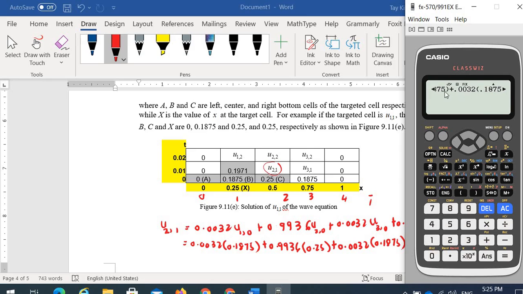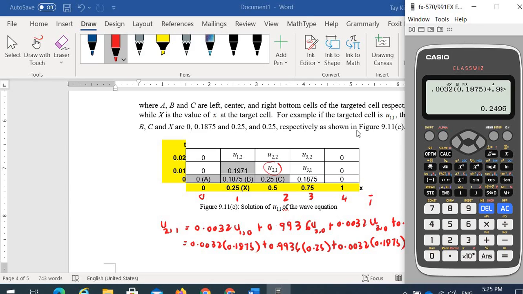Or if you don't have memory, you need to repress again. 0.1875 now changes to 0.25, 0 goes to 0.1875.